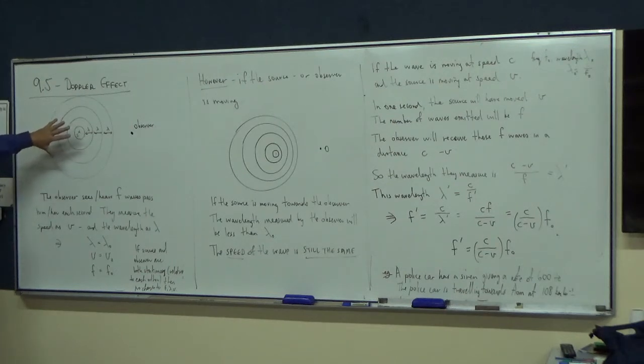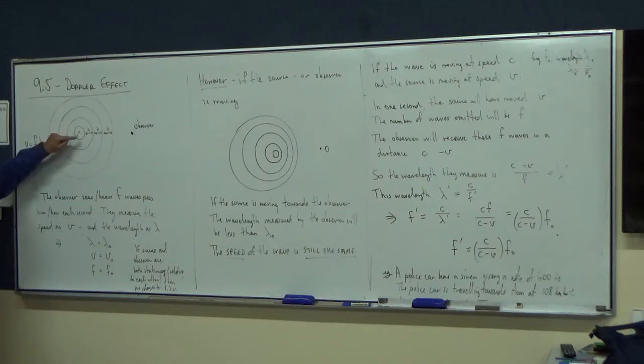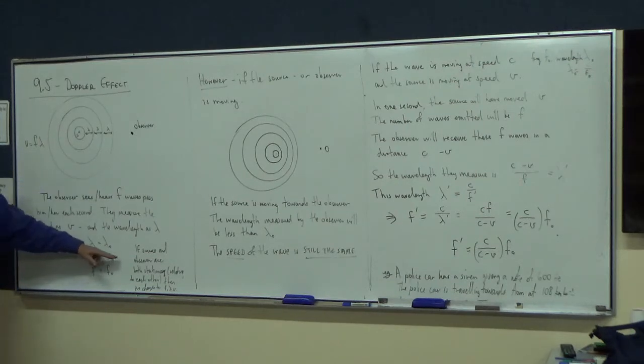The observer sees or hears f waves pass them each second. They measure the speed as v and the wavelength as lambda. So the wavelength is the same as lambda naught, what it's being generated at. The speed is the same as the speed the source is sending them at, and f is the same as f naught.